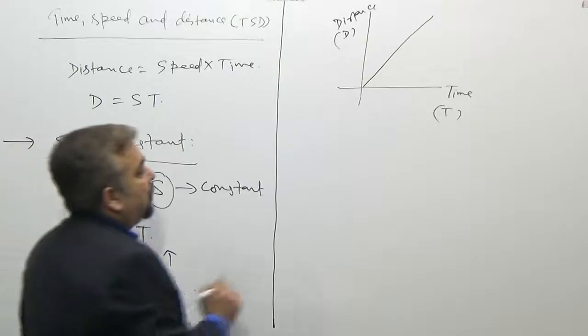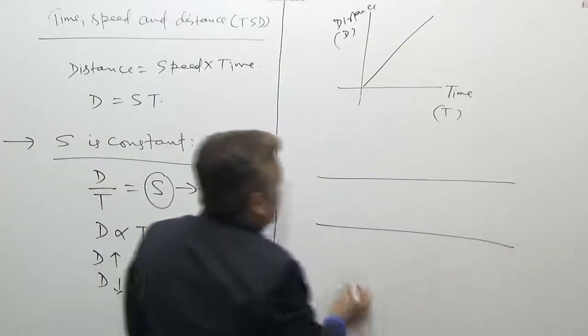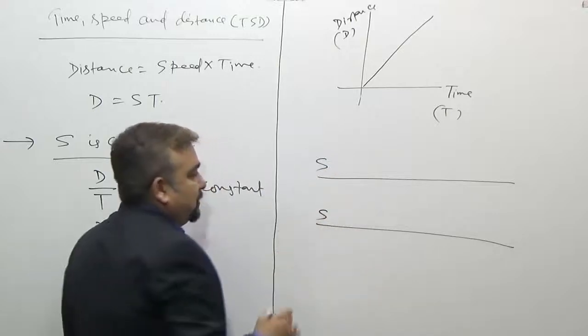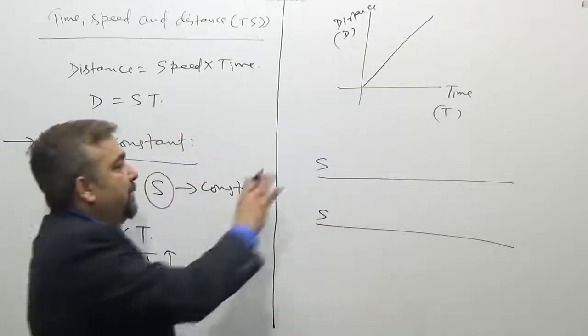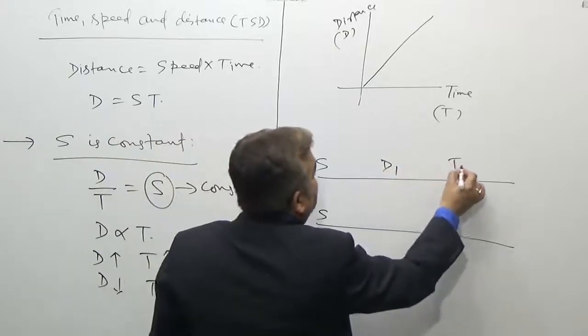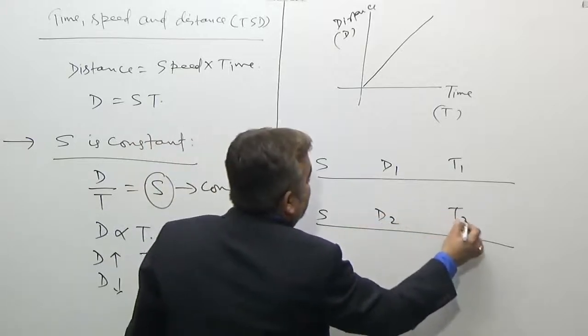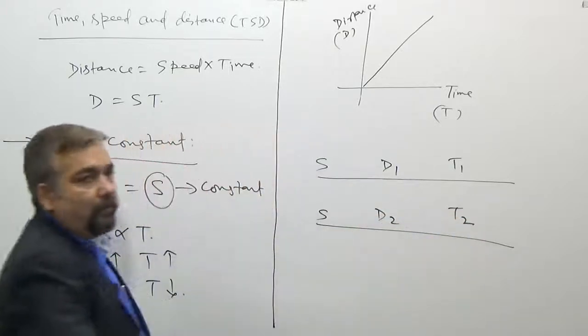You see, suppose two cars are moving with the same speed in the same direction. The first car covers D1 distance in T1 time. The second car covers D2 distance in T2 time.